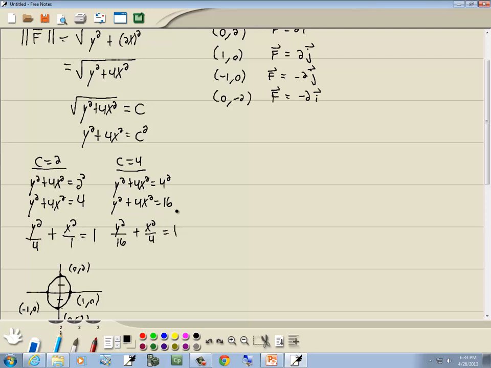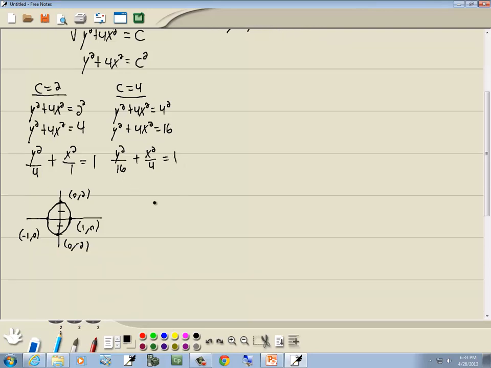And again, this is an ellipse. X will be out here. Y will be up 4. It's always the square root of the denominator. And this would be a good point to go with.